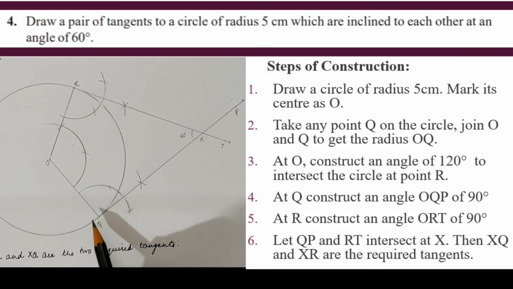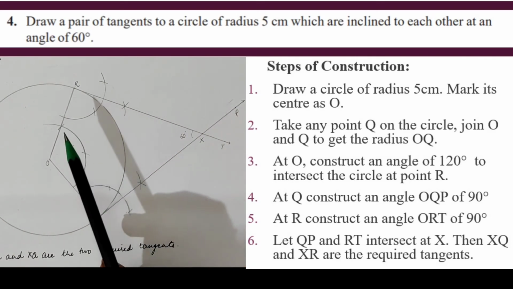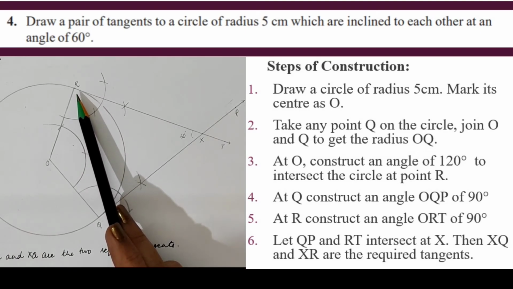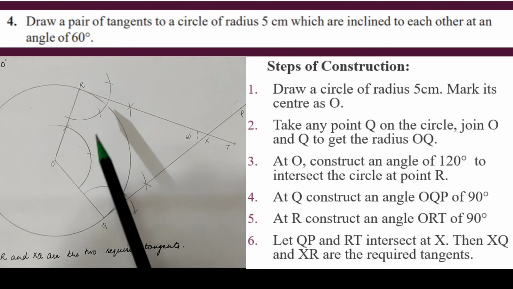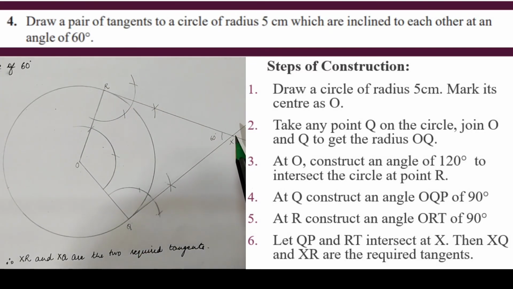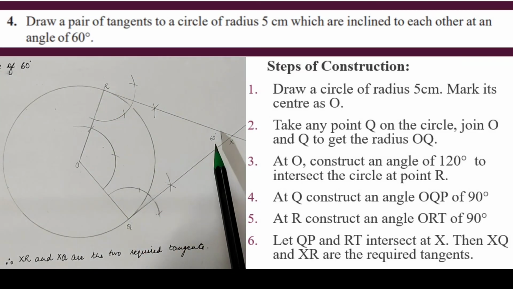At Q, I constructed an angle of 90 degrees such that OQP is equal to 90 degrees. After that, I constructed at R an angle of 90 degrees such that angle ORT is equal to 90 degrees. Wherever QP and RT intersected, that is point X. Then XQ and XR are the required tangents. And I showed that this angle is equal to 60 degrees.